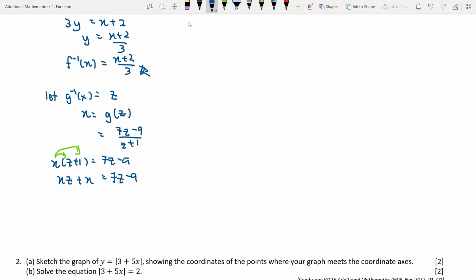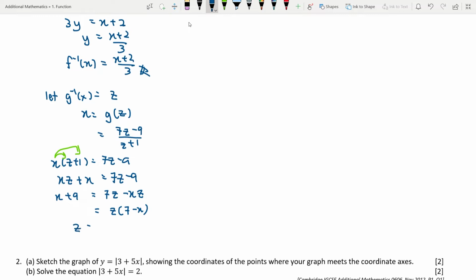Collect all the terms with z at one side. I would like to have a positive x and positive a, so I'm going to move the xz to the right side. x plus a equals 7z minus xz. Then factorize out the z. And lastly, divide both sides with 7 minus x.